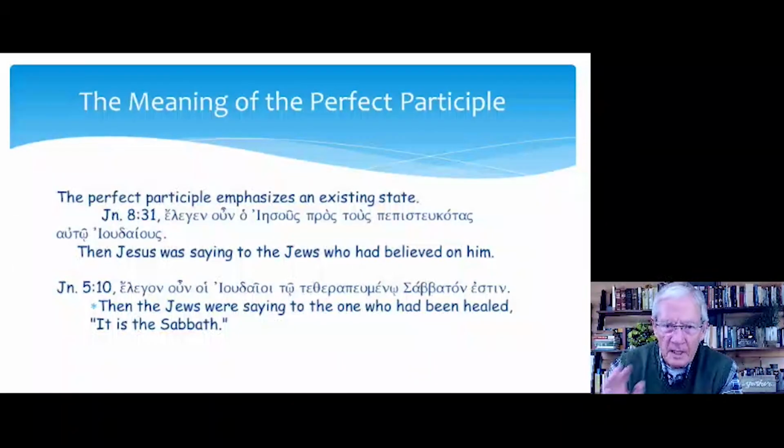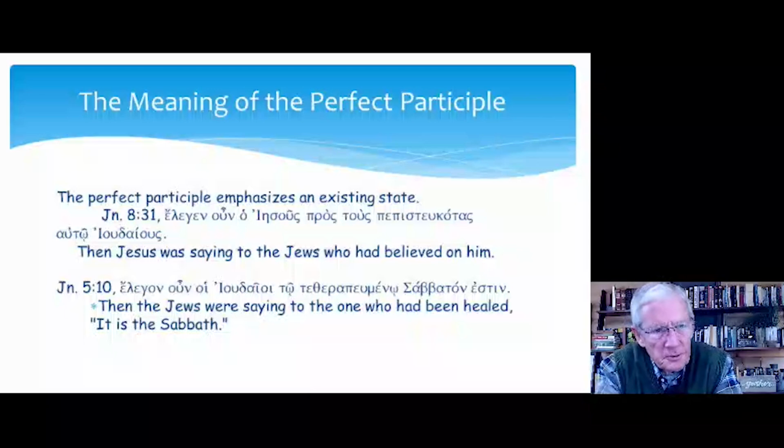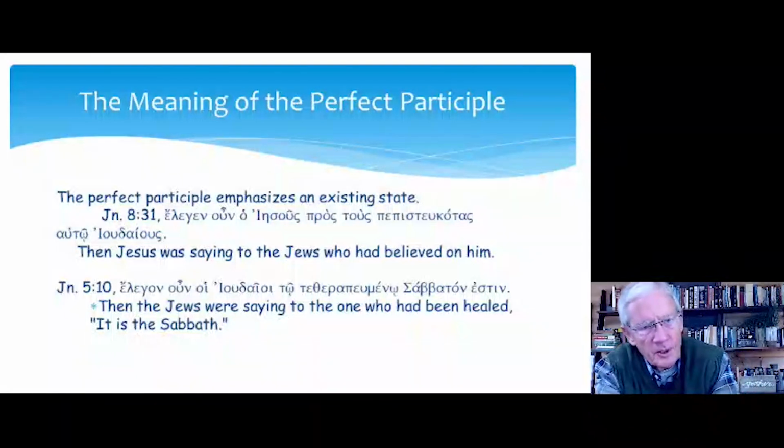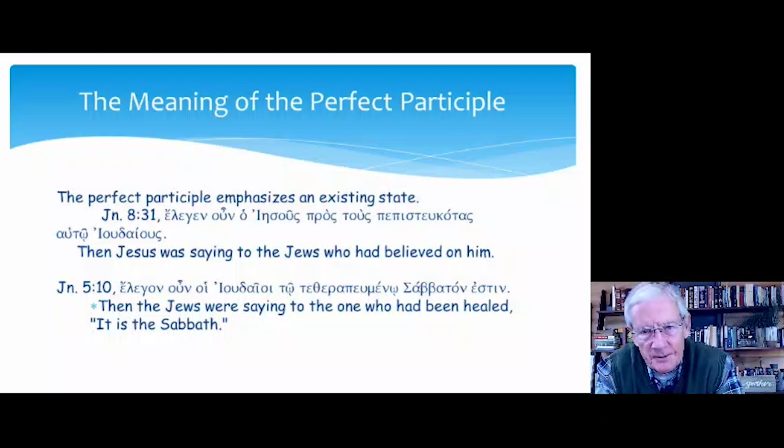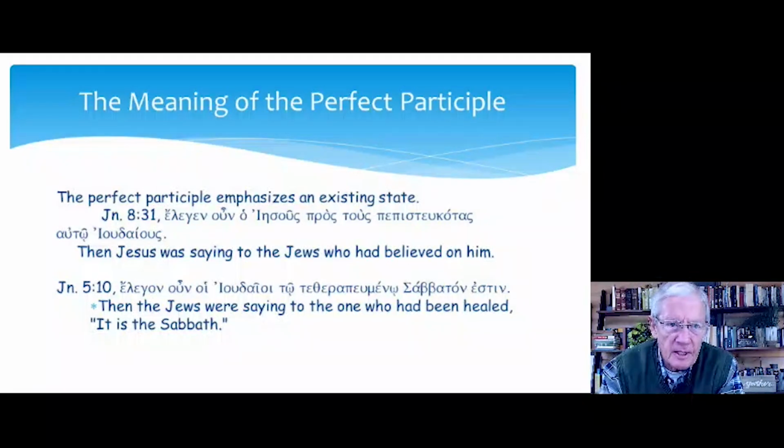All right, the meaning of the perfect participle. Let's pronounce John 8:31. Elegen oun ho Iēsous pros tous pepistekotas autō Ioudaious. Now, elegen is an imperfect active indicative third person singular, and our subject is Jesus.